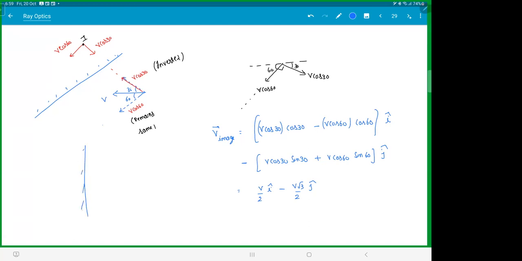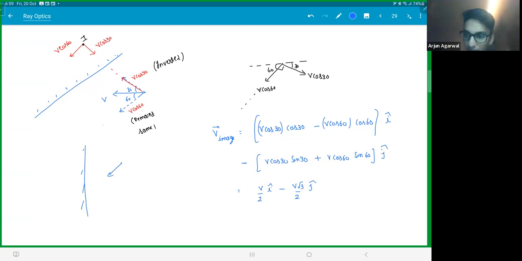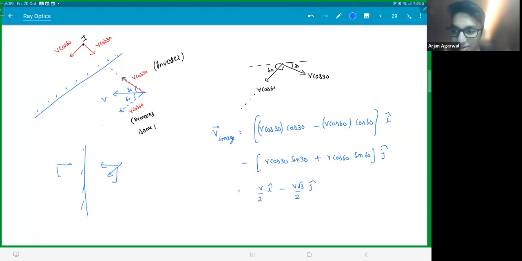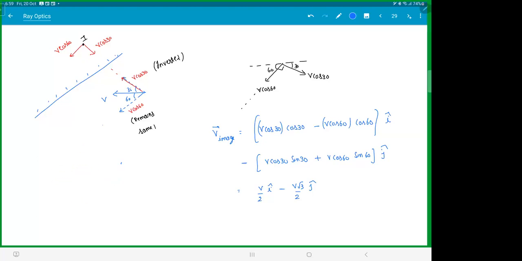Assume, so this will go like this, and tilted. Then what will happen, sir? Then you still have to do the same thing, no? You still have to resolve. Exactly, that's what I said. Same thing. It really doesn't matter. Clear, everyone? Next one. Turn the page. Any doubts on this?